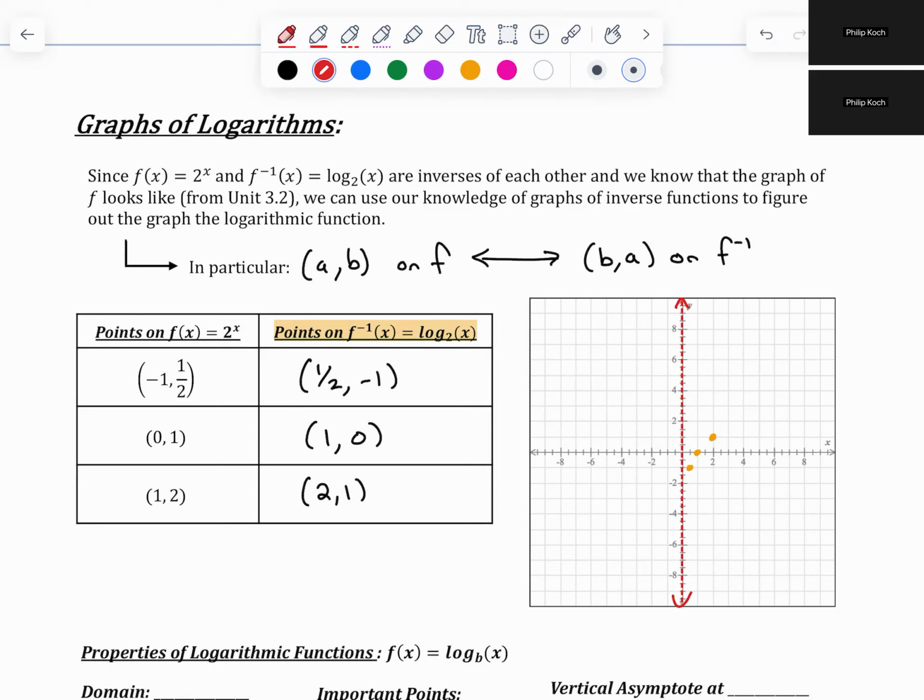So you'll notice that it never gets to 0. And so it has a vertical asymptote at x equals 0. And the graph looks roughly like this, which is the reflected version of e to the x, or of 2 to the x. It's the reflected version across the line y equals x.